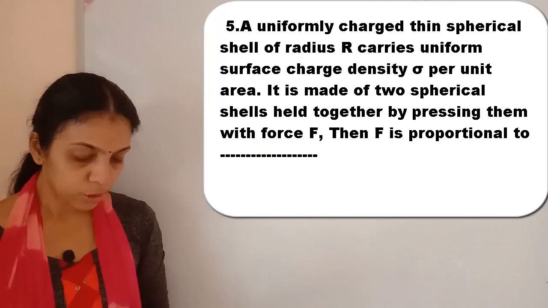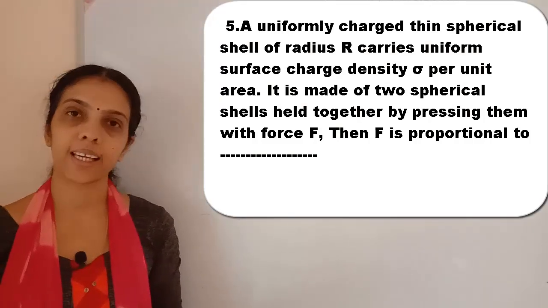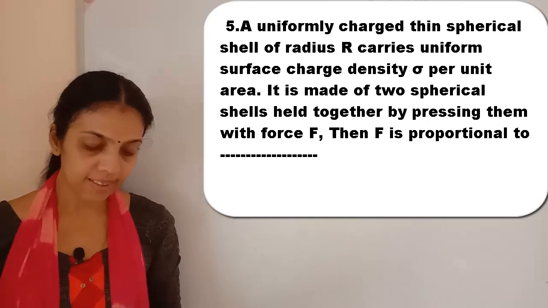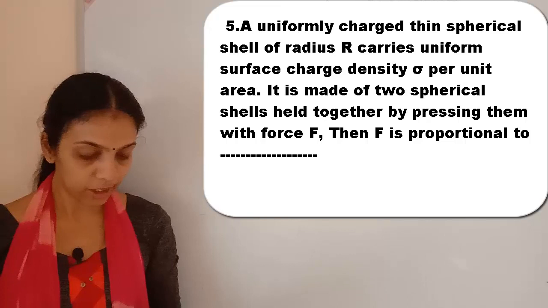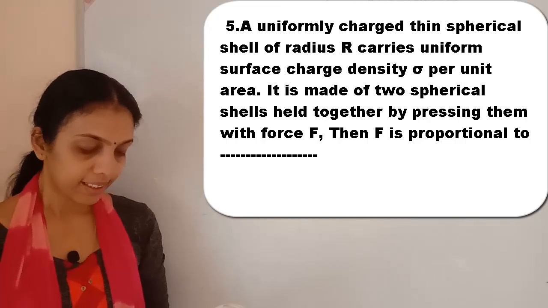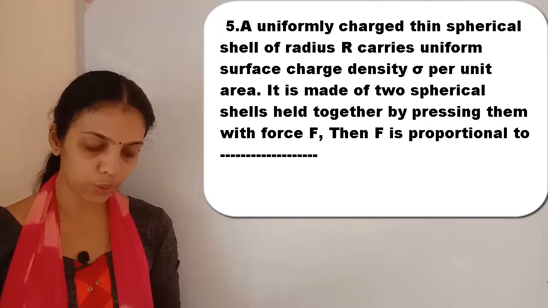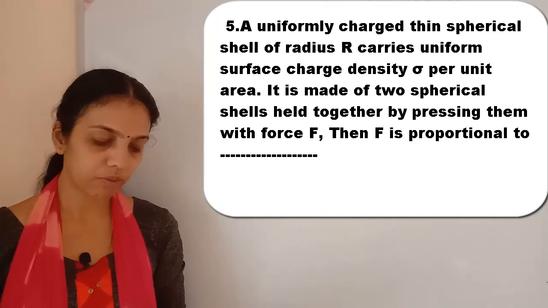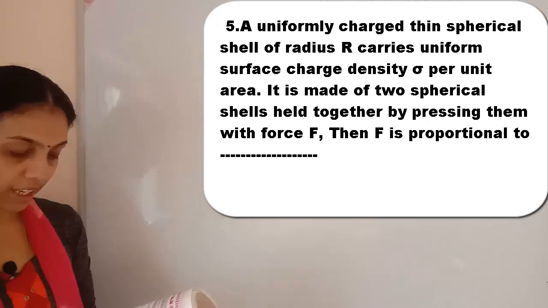Next is a uniformly charged thin spherical shell of radius capital R that carries a uniform surface charge density of sigma per unit area. It is made of two hemispherical shells held together by pressing them with force F. So F is proportional to.